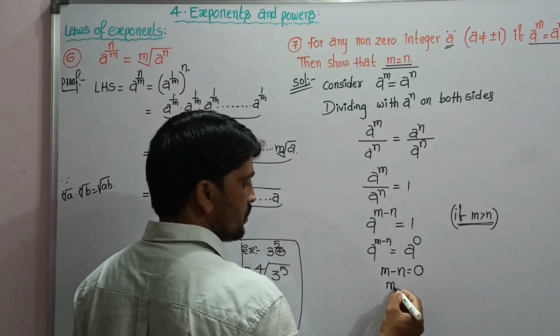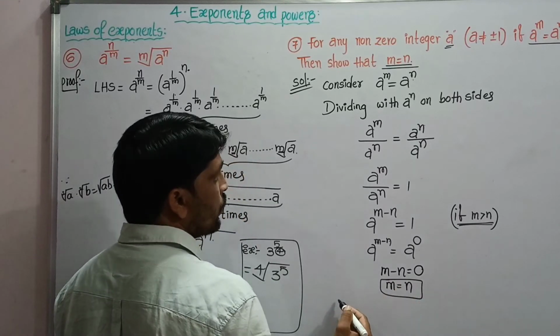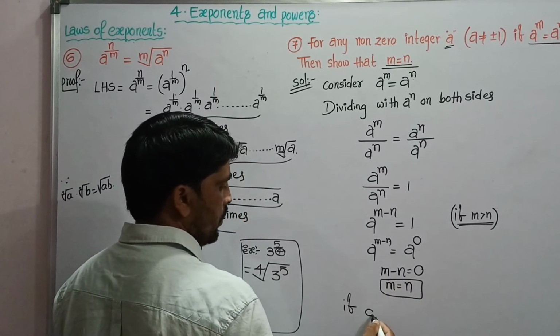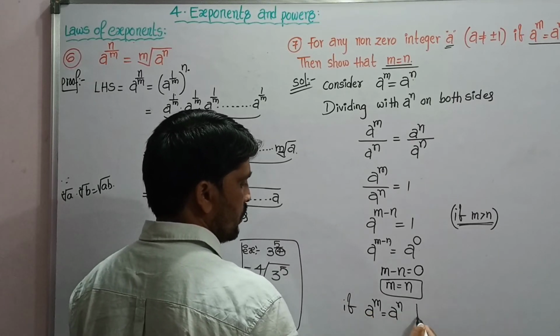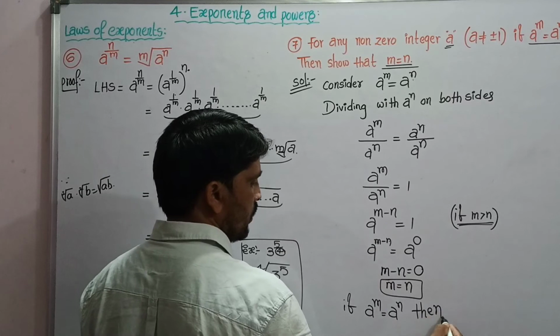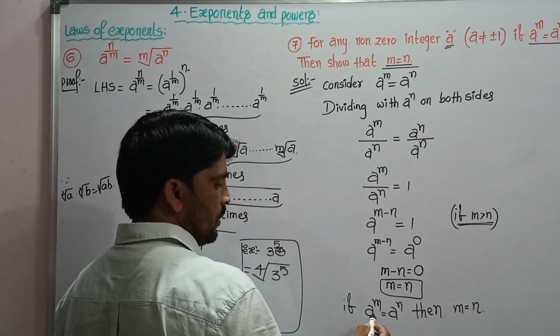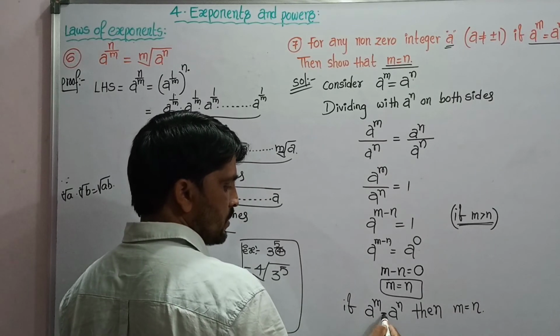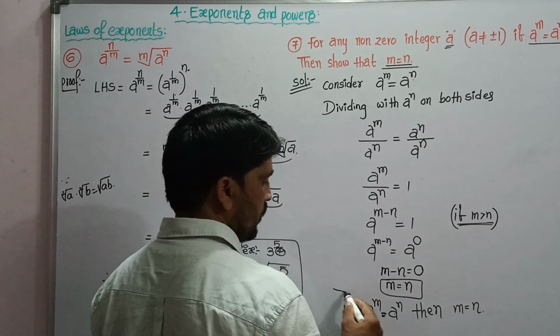Transpose minus n to RHS, we get m equal to n. That is, we can conclude that if a power m equal to a power n, then the exponents are also equal, m equal to n. That is, on both sides, if bases are equal, then powers should be equal.